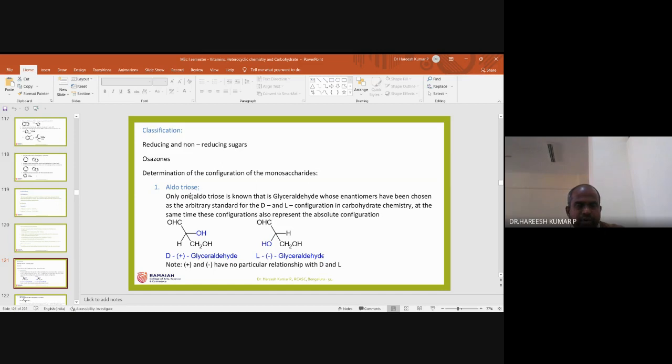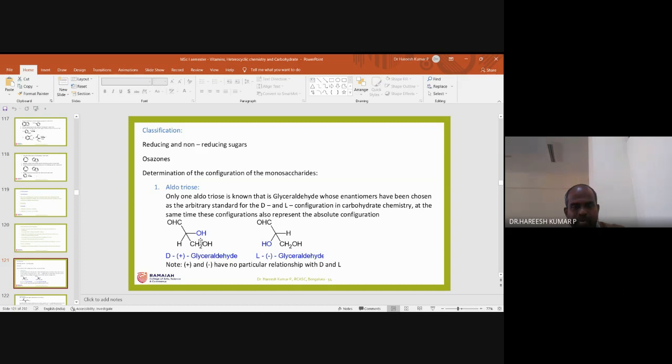OSE is the general suffix for carbohydrates. So aldo stands for aldehyde, tri stands for three carbon atoms, OSE stands for carbohydrate. So here I am taking two examples.